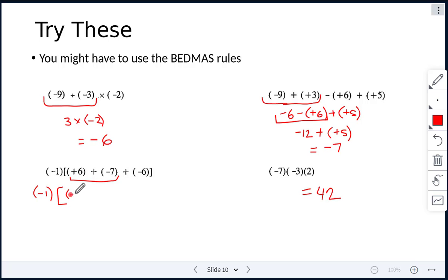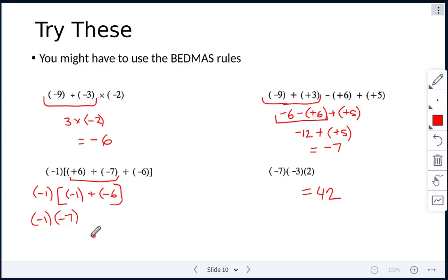So negative 1, and then we still have the plus the negative 6, and that's still in the square bracket. So we still have to work with this first. So I'm going to do this again now. Negative 1 is still on the outside, and then negative 1 plus negative 6, that gives me negative 7.